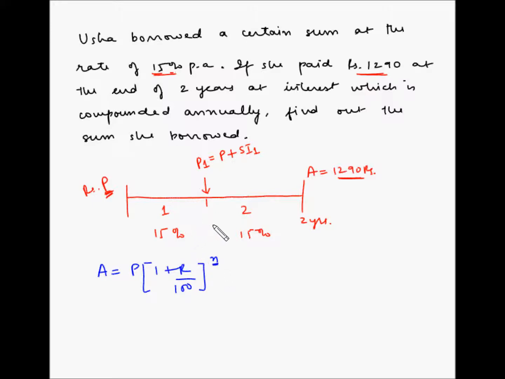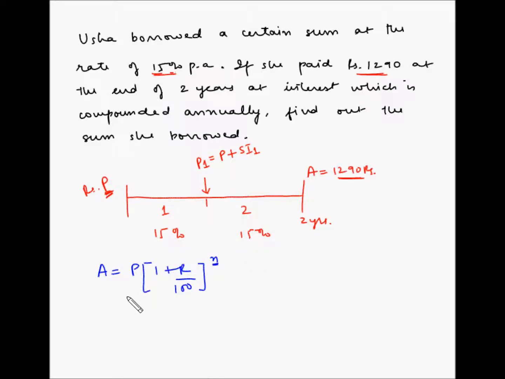So the number of time periods here at the end of which the interest is being compounded is 2, because interest is being compounded annually and there are 2 years. So n is 2 and R is the rate of interest per time period at the end of which interest is going to be compounded. So R here is 15%, because 15% is what we're getting for each year.